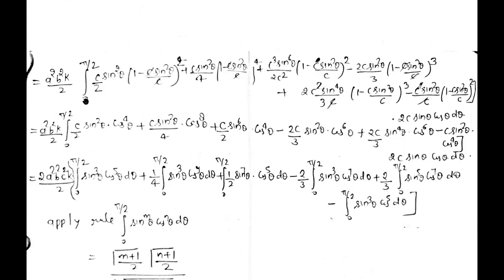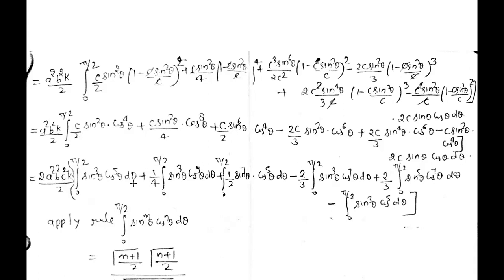You can see here that a square b square k upon 2 is common, so take it outside, and the integral from 0 to pi by 2 of c by 2, and sin square theta. That means we are writing z = c sin square theta here also. So just write c sin square theta in place of z everywhere. Here c is common in this bracket, and c is also here, so c square is common.